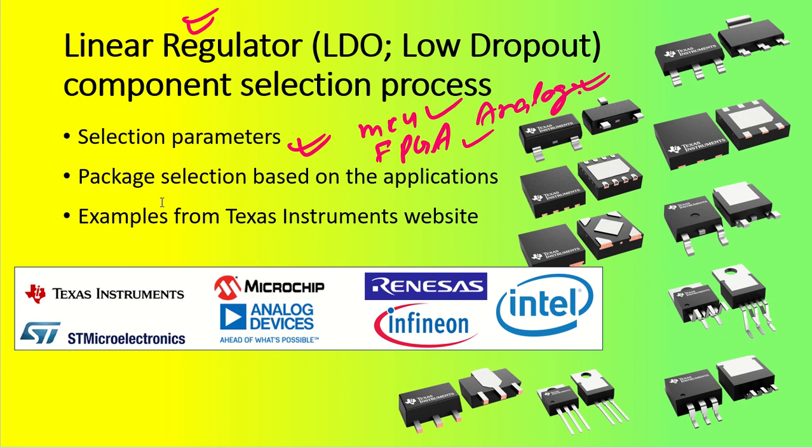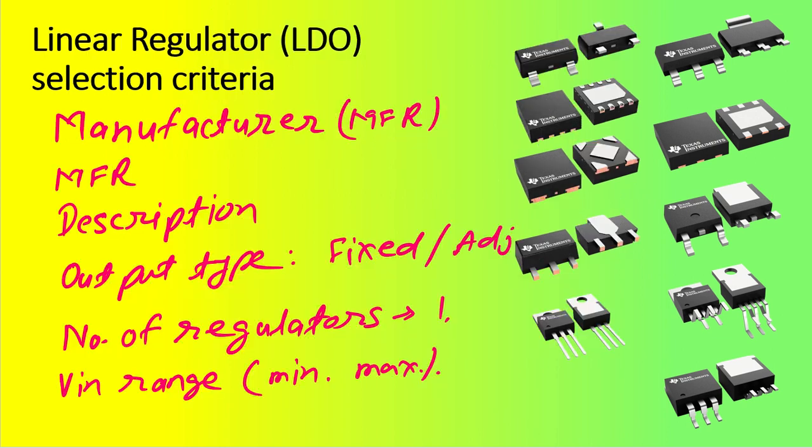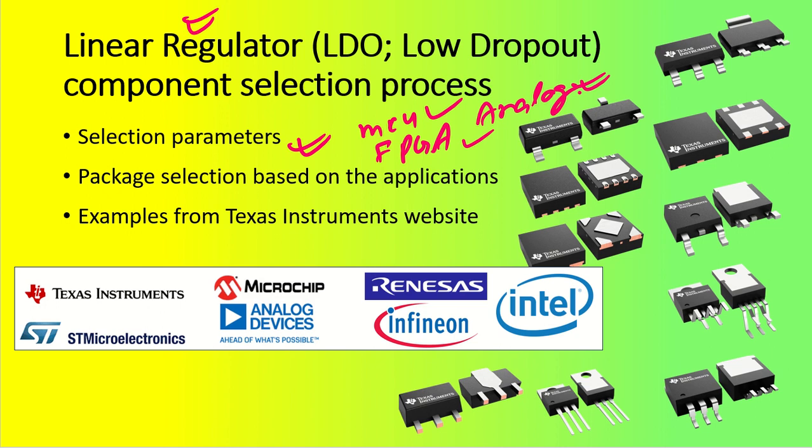Now we'll talk about what the different selection parameters are. First of all, you have to decide which manufacturers you want to go ahead with. Maybe some people are interested in Analog Devices, or Texas Instruments, or Microchip, or Renesas, or Infineon.